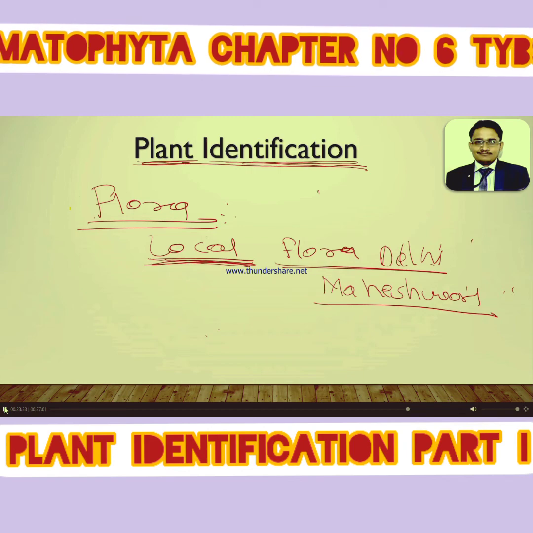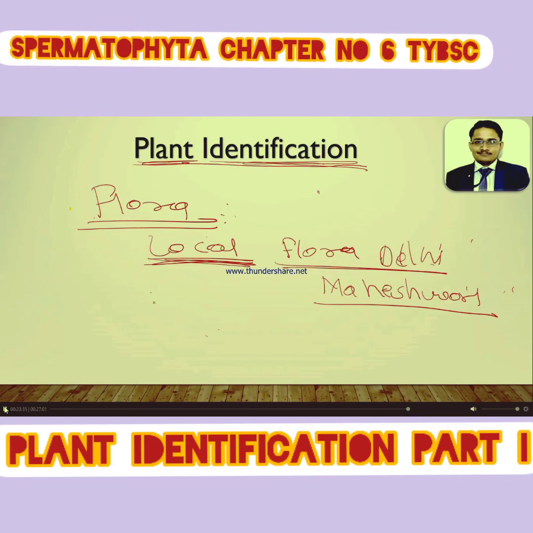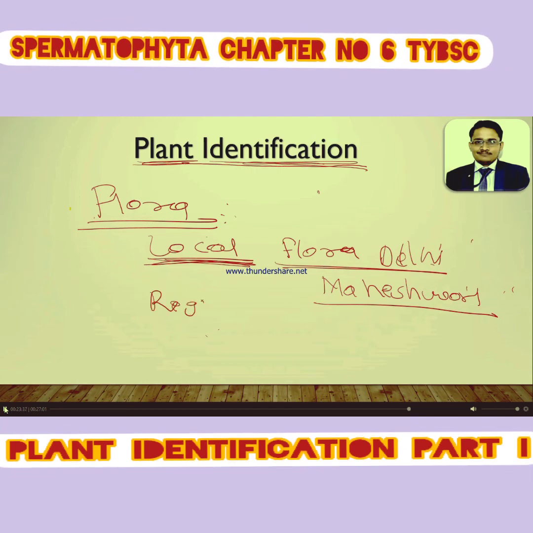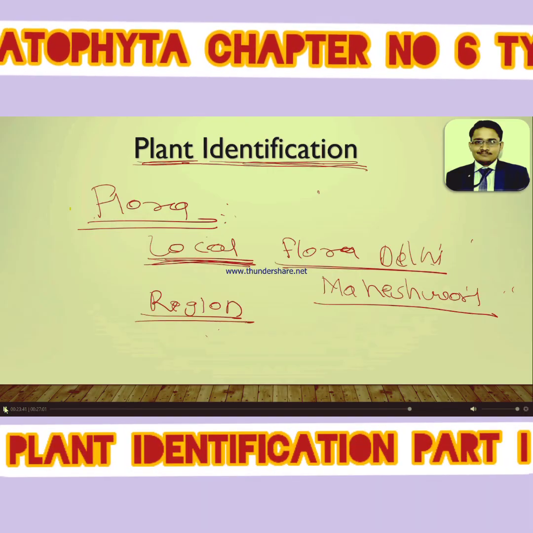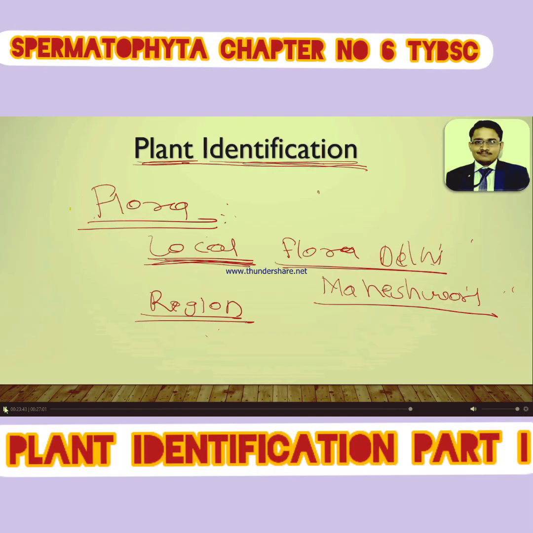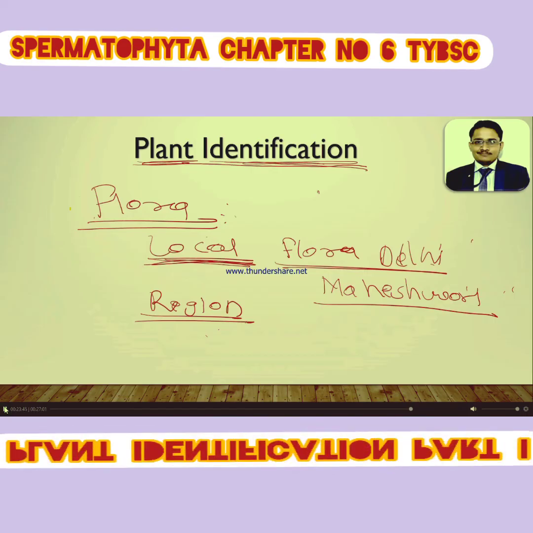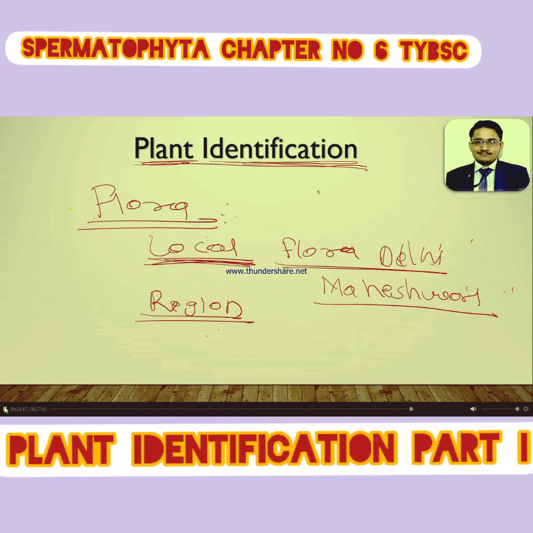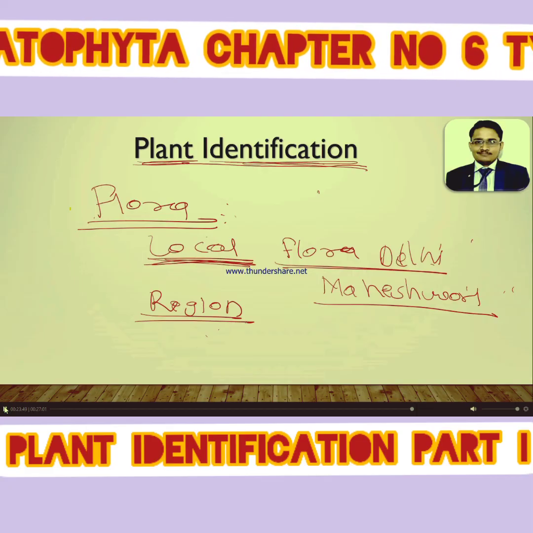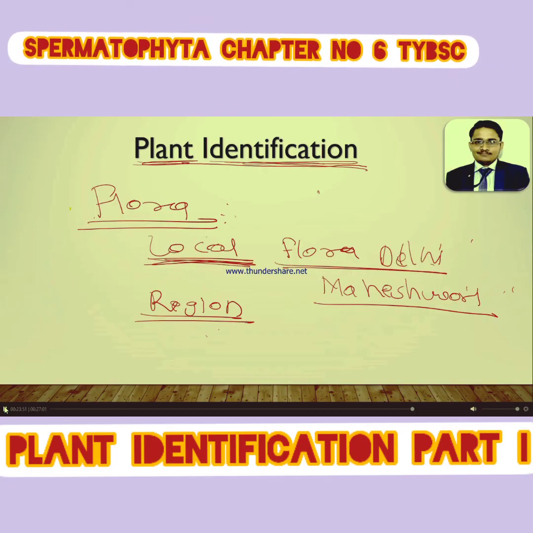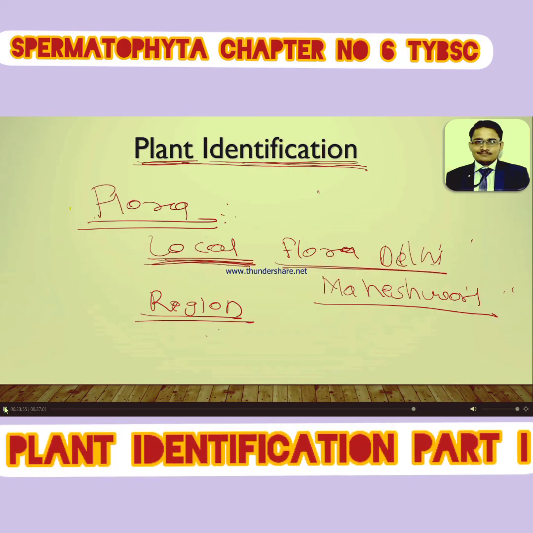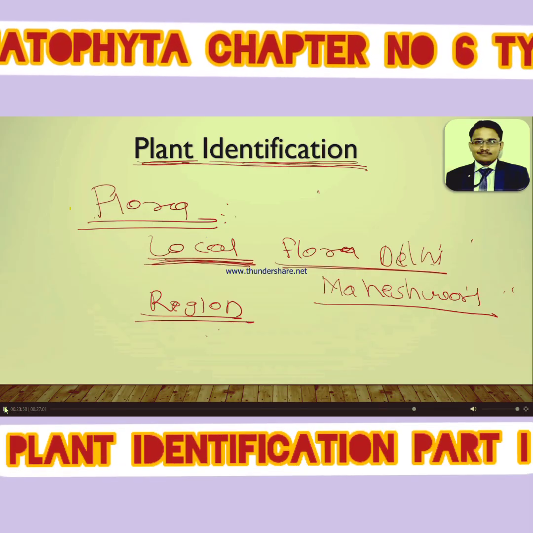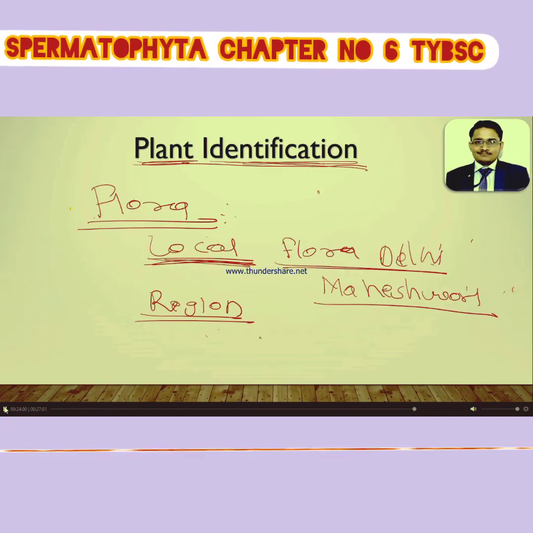Then next, regional flora. Regional means a specific region where there is more diversity and we make a flora. For example, a local flora may have very few plants, but a region means a large area. Such floras include the Flora of Malaysia.